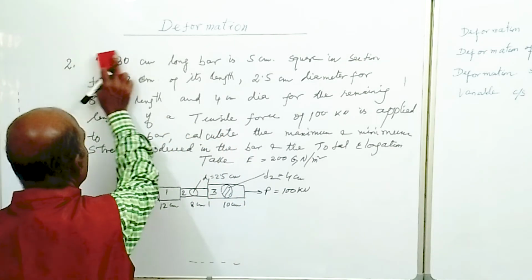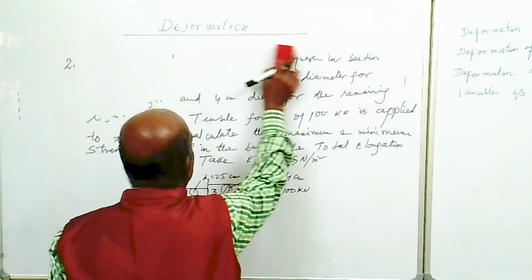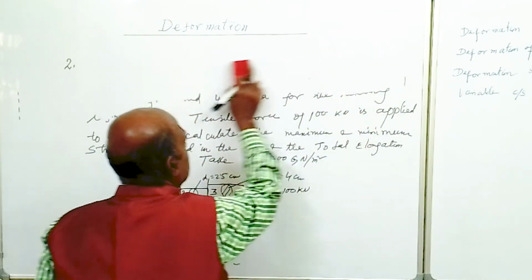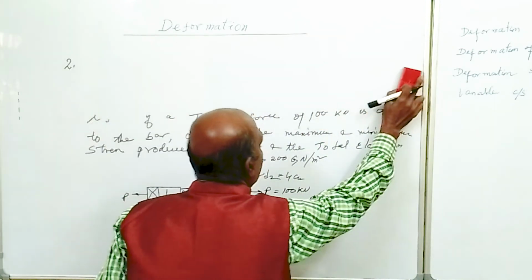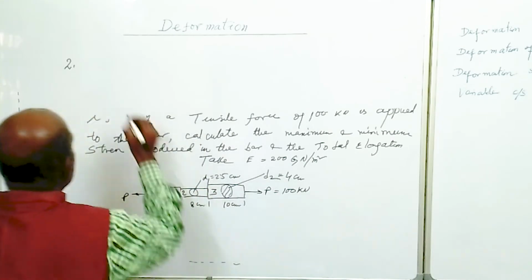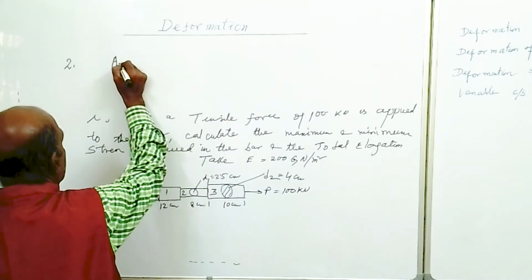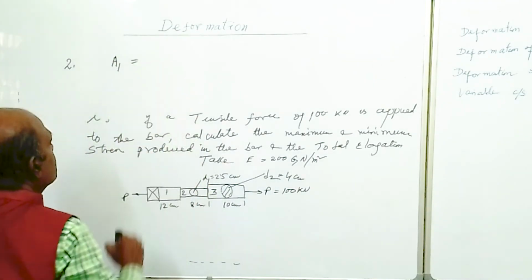For section 1, first we will calculate the area. For section 1, say the cross sectional area is A1.